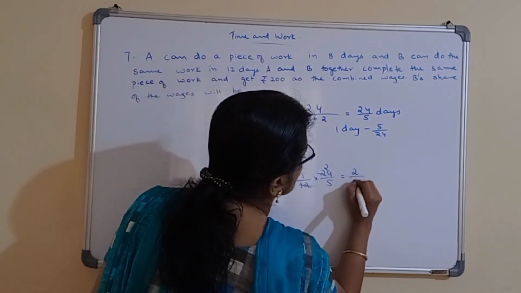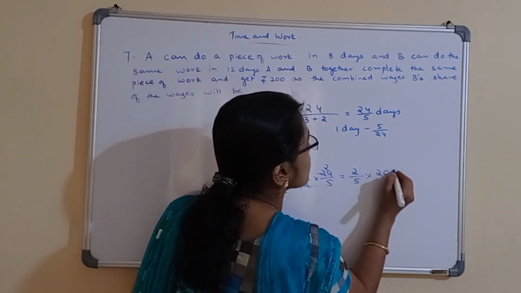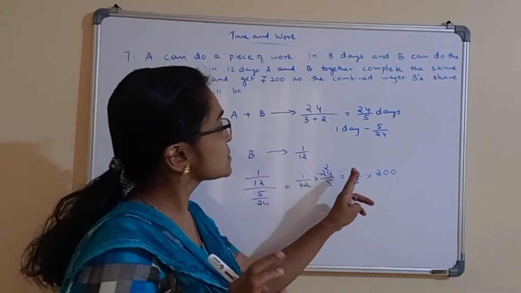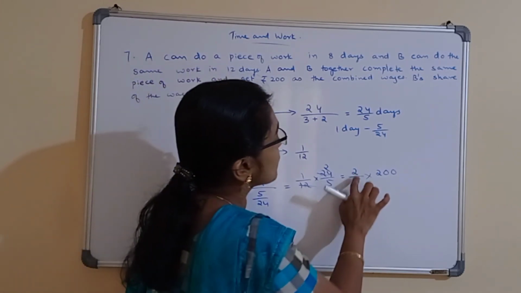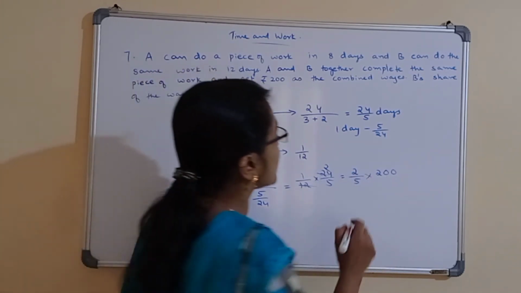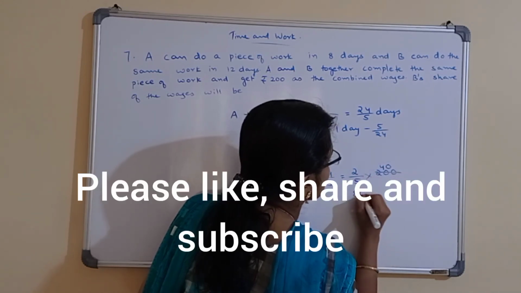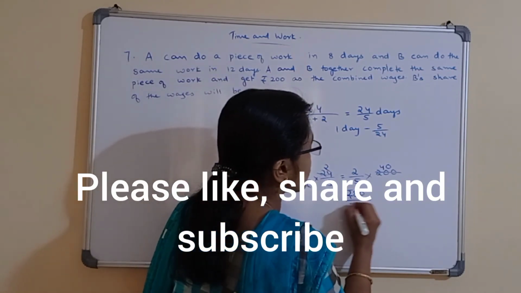B's portion of the work is 2 by 5. So just multiply 200 by 2 by 5. That is, B is doing 2 by 5 of the work for this 200 rupees. So B will get 200 into 2 by 5, which is equal to 40, so 80 rupees. So he will get 80 rupees from 200 rupees.